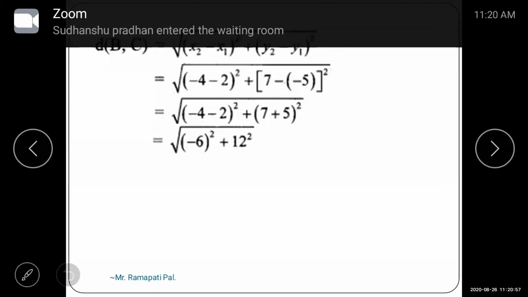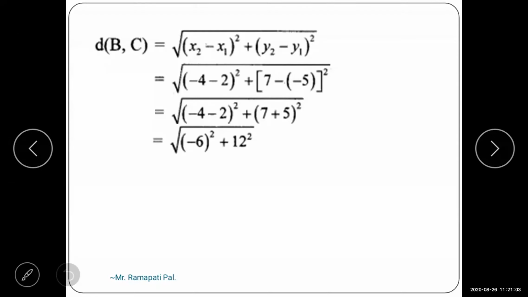36 plus 144 is 180. Is it clear? So that is under root 180. Now take out the factors of 180 and tell me the simplest form.